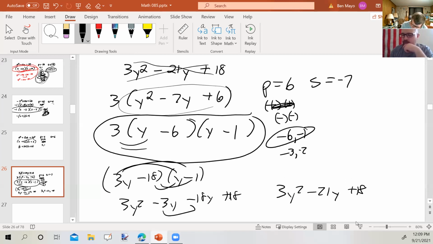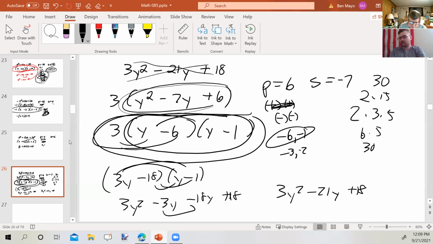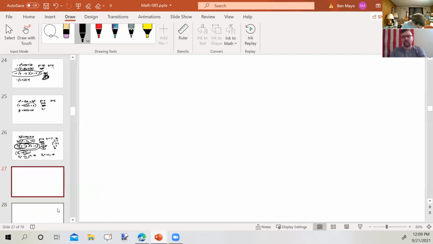So that was doing this first. Or I could multiply those together first and get that, and then multiply the 3 through. Just like if you have 2 times 3 times 5, you could go 6 times 5, or you could go 2 times 15. Now, you follow what I'm saying? Multiplication. Okay.